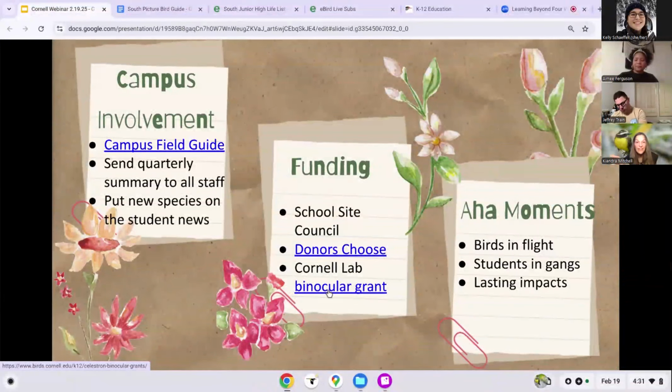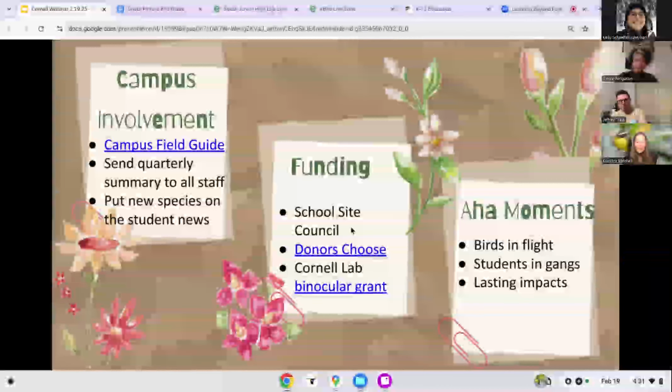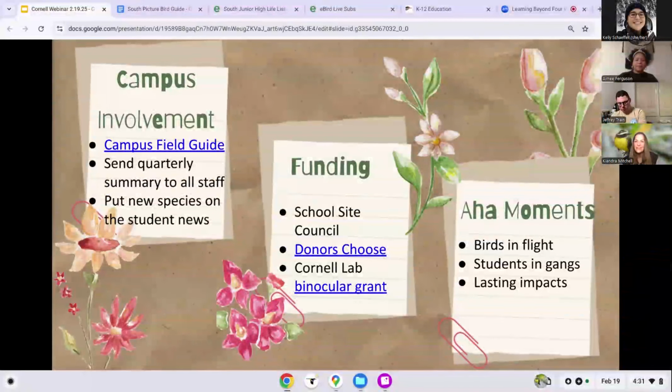The binocular grant, I just saw, Kelly, that you just had some winners announced for that recently. I go to my school site council every single year and ask for another 12 to 15 pairs of binoculars. They run about $200 a pair, and they approve it because I can prove, look at all this great science we're doing. I'm almost done.